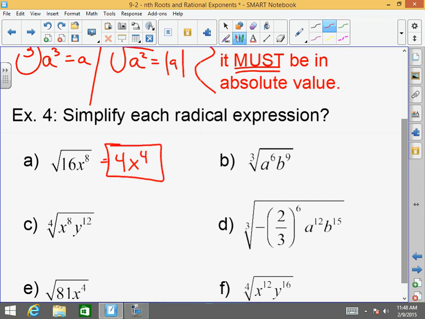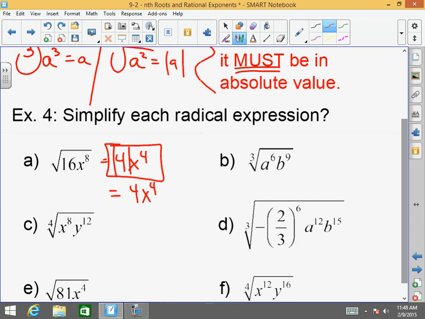Now, some of you may say, wait, don't we have to put that in absolute value? No. You only have to put numbers and variables in absolute value if you pull out an odd exponent from an even root. But in this particular case, actually, 4 should have been an absolute value to be technical. So it would be 4x to the 4th.